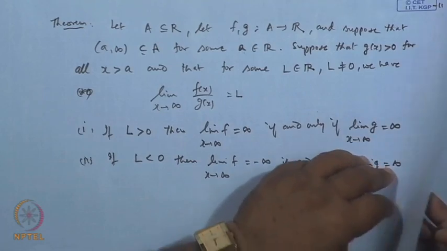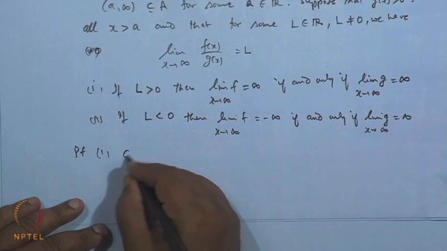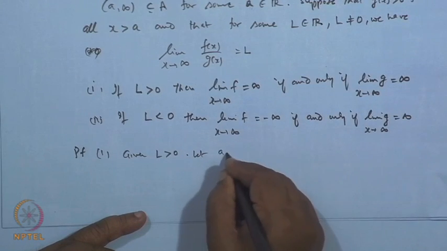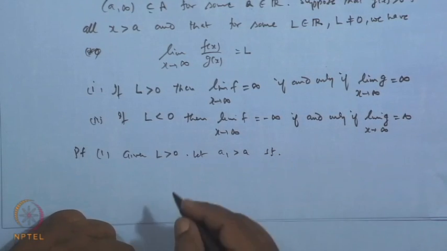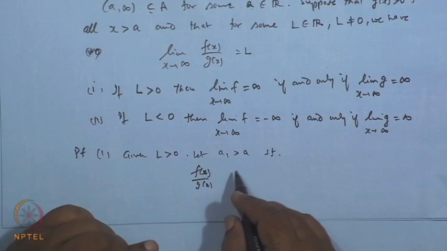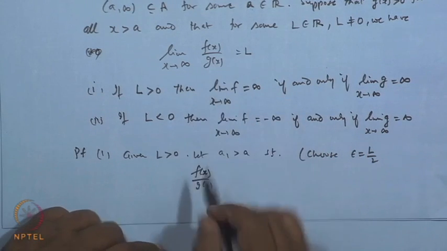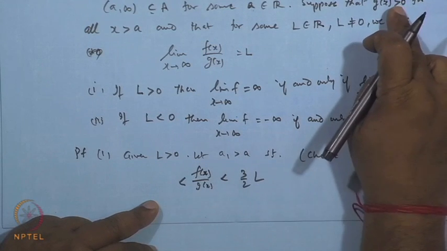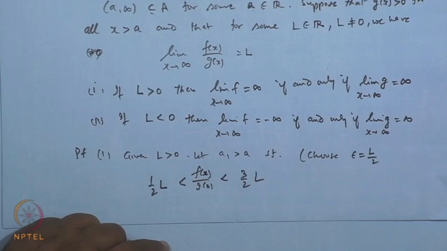The proof of this is not difficult. First, given that L is positive, let us take a1 greater than a, in the interval (a, infinity), such that f(x) by g(x) is close to L, because this limit is L. If I choose epsilon as L by 2, then we can write f(x) by g(x) lying between L by 2 and 3 by 2 L, because f and g are both positive. So f(x) by g(x) is greater than half L, which is positive, when x is sufficiently large.